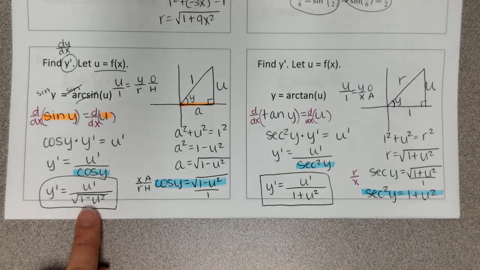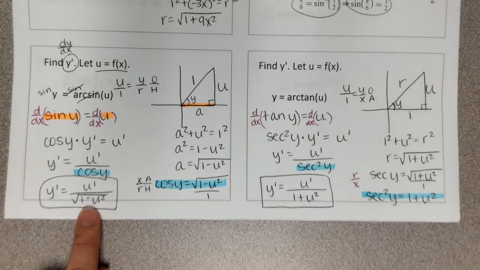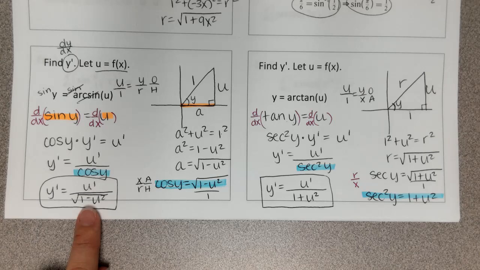What's the derivative of secant? Secant tangent. There's two trig functions, the secant and the tangent, right? Now, is the tangent going to have a square root in it? Well, maybe. It depends on which sides of the triangle you have. But one of those is going to have a square root and one of those is not.